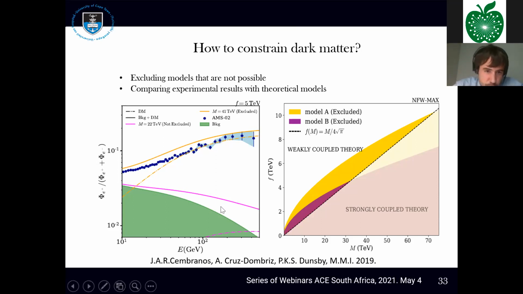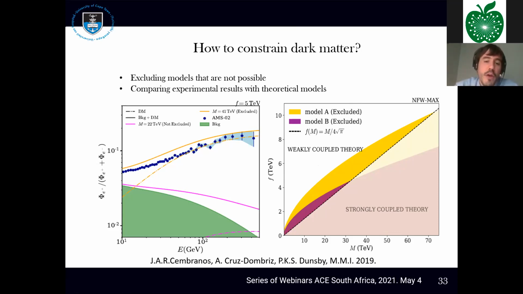Here I have two parameters: the mass of dark matter and another parameter that comes from extra-dimensional dark matter theories, what we call the tension of the brane. So we tune these parameters and we observe if those models are excluded or not. And we can get a plot like the plot you have on the right side. The colored part in this plot tells you all those models of dark matter that cannot be possible.